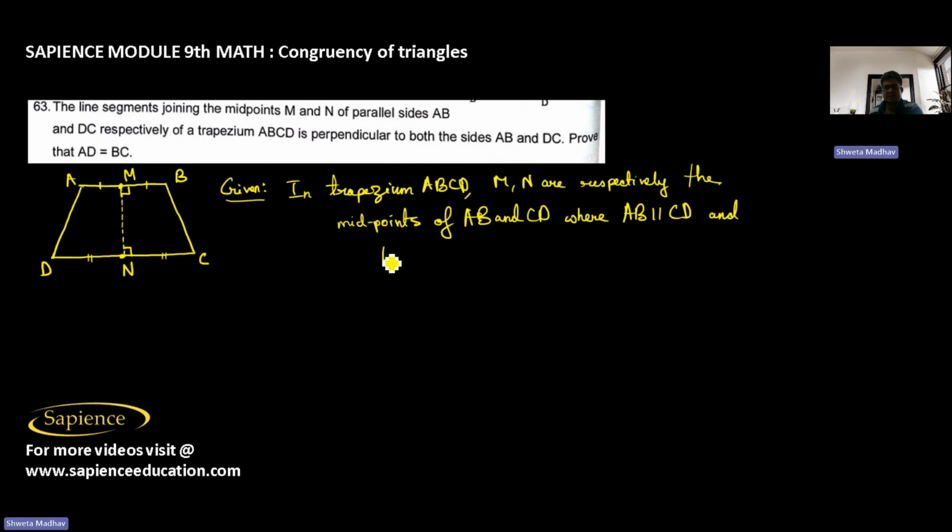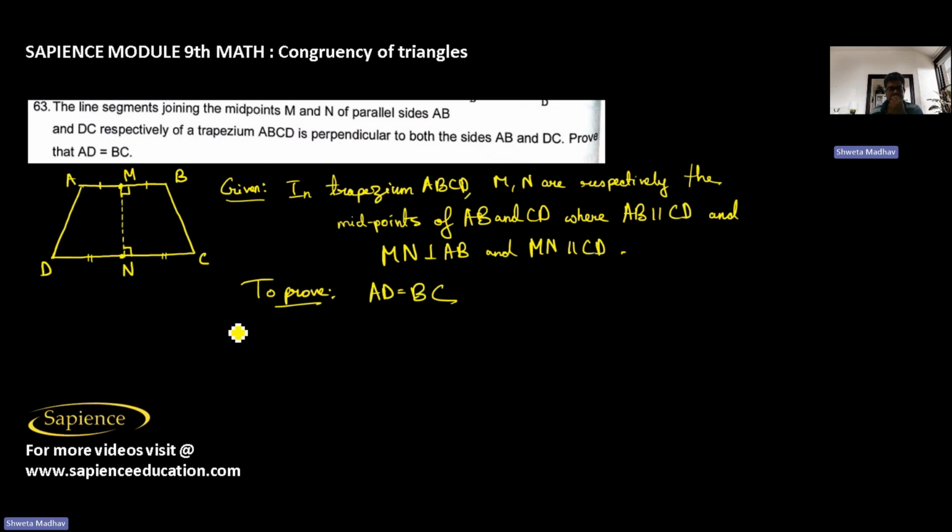And the line MN is perpendicular to AB also, and MN is perpendicular to CD also. Then we have to prove that AD equals BC.